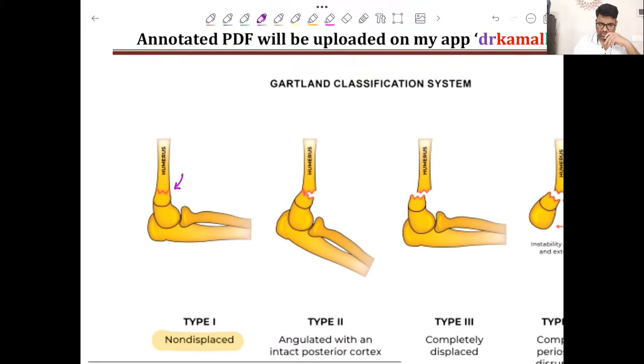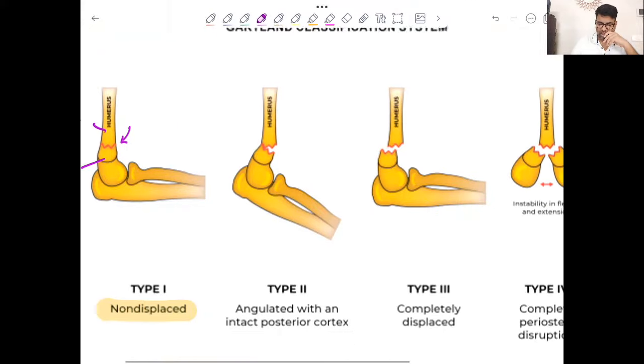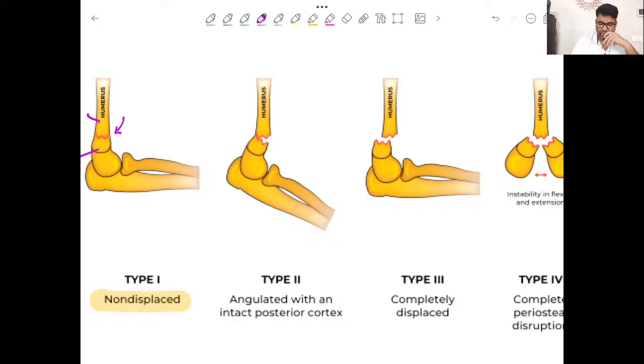If we look clearly, here we can see a clear-cut fracture line, but this is the proximal and this is the distal. The proximal and the distal fragments haven't displaced at all. So this is type 1. Now in type 2 we can see an angulation and there is a posterior hinge.